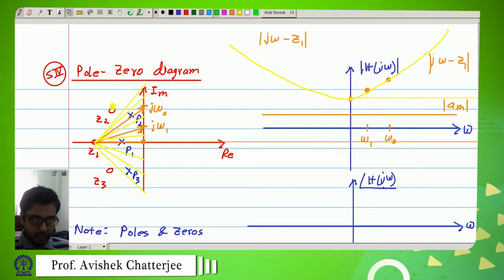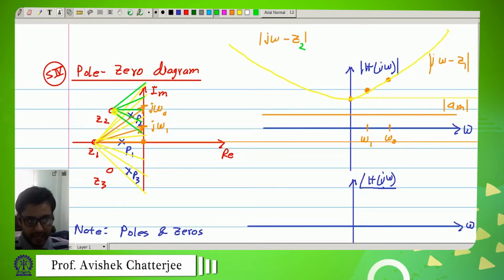So if we now consider, say, mod of j omega minus Z2, then you have to draw vectors starting from here up to different omega values, like this, then this, then this, like this, and so on.